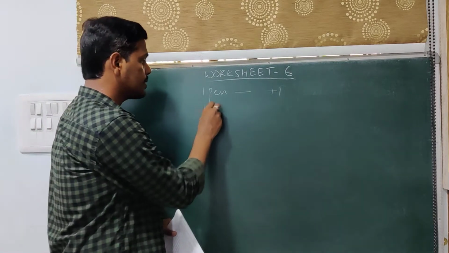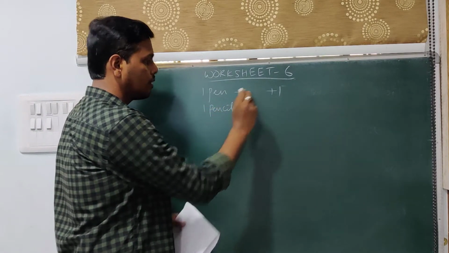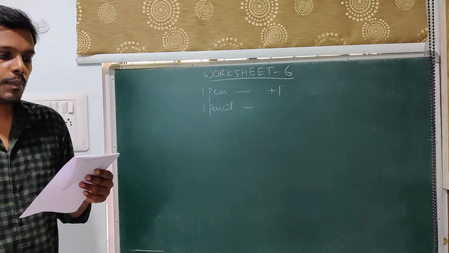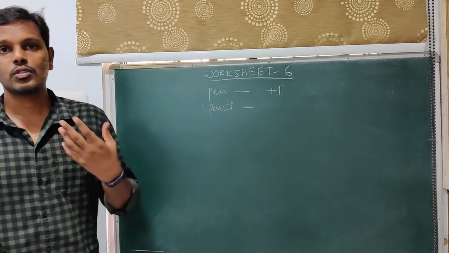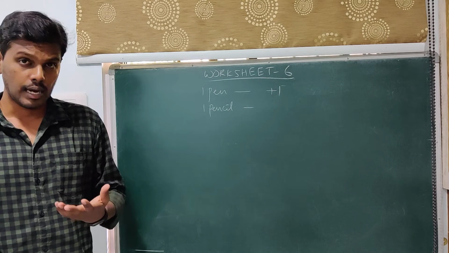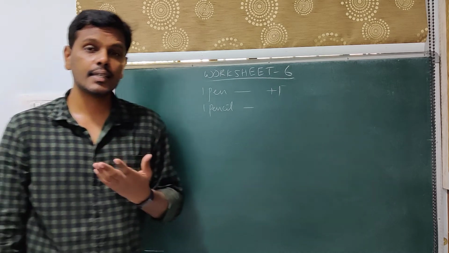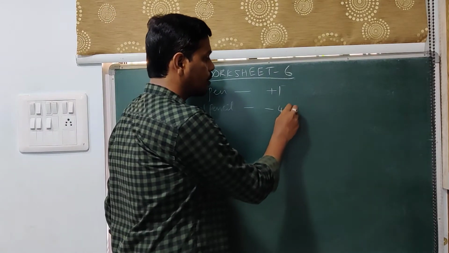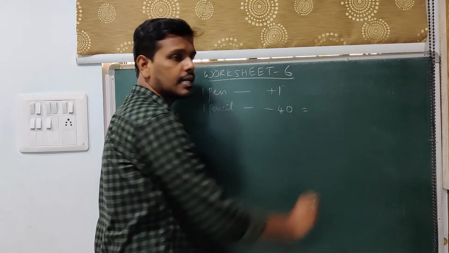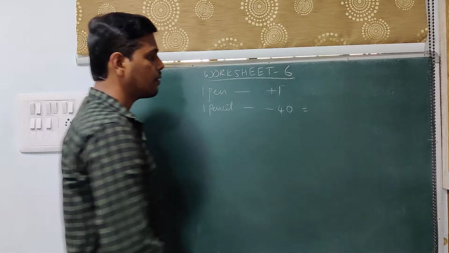Next, on one pencil, he is getting a loss of 40 paise. Instead of saying loss of 40 paise, I will say he is getting minus 40 paise. Now, I will convert 40 paise into rupees by dividing by 100.